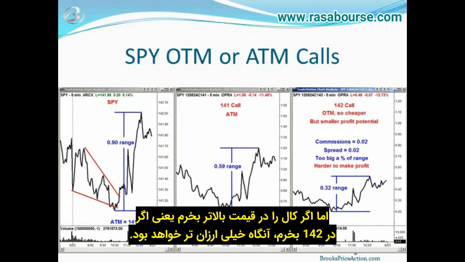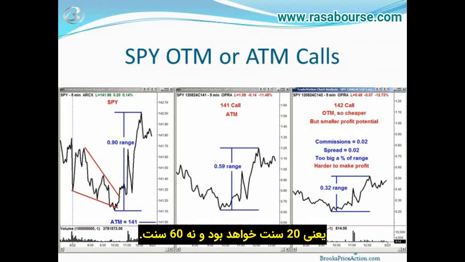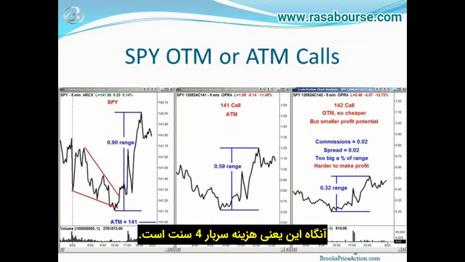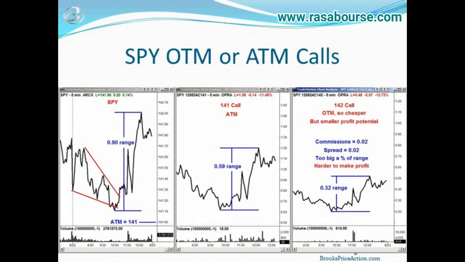But if I instead bought the out of the money call, the next strike up, the 142, it's a lot cheaper, right? It's 20 cents instead of 60 cents to buy it, but the range was only 32 cents. And if your commissions are a penny in and a penny out, and the spread is a penny in and a penny out, that means your overhead is 4 cents.